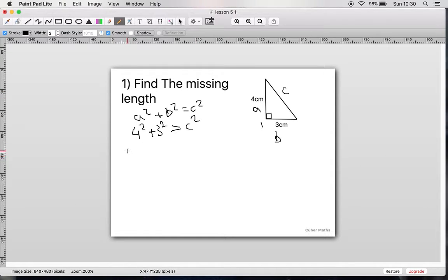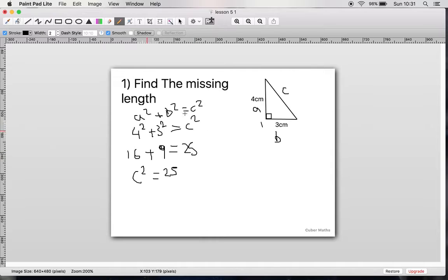So if we do 4 squared, that's going to give us 16, 4 times 4. If we do 3 squared, which is 3 times 3, that's going to give us 9. So if we add them both together, that's going to give us our C squared. So 16 add 9 is equal to 25. So we know that our C squared is equal to 25.